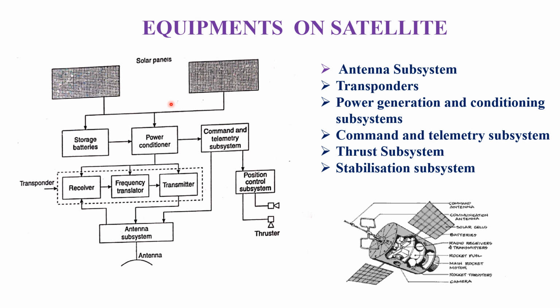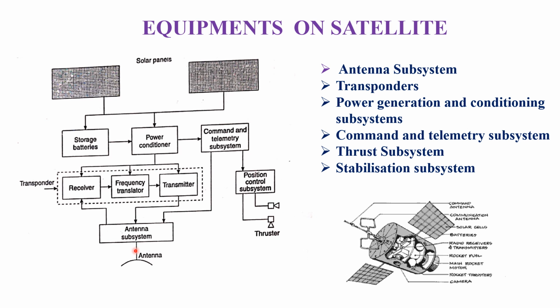So let us discuss one by one. Coming to the antenna subsystem, it consists of equipment for receiving and transmitting the signals. To keep the antennas pointing always towards Earth, the antenna subsystem remains stationary. Here it is, the antenna subsystem. It remains stationary while the body of the satellite spins.